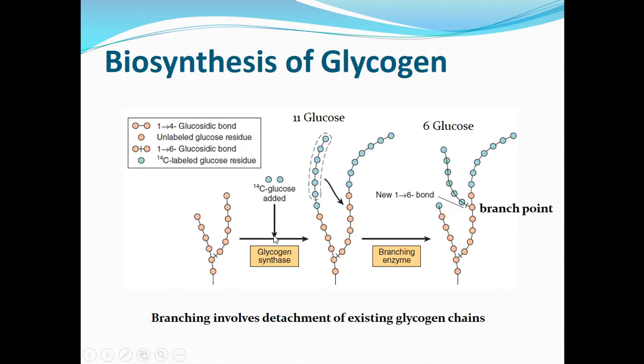When a growing chain is at least 11 glucose residues, the branching enzyme transfers a part of it, which is at least 6 glucose residues, to the neighboring chain to form an alpha 1,6 glucosidic linkage and establish a branch point.